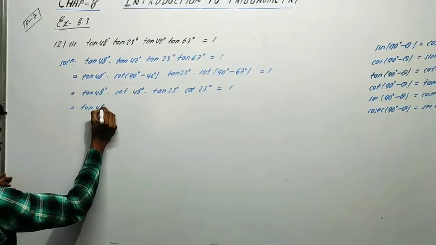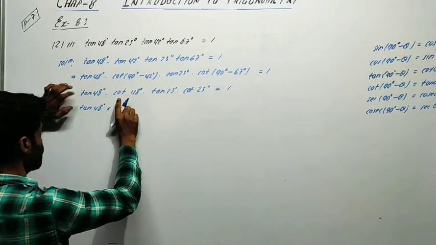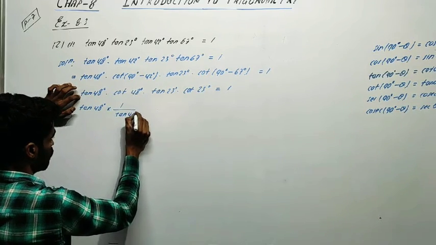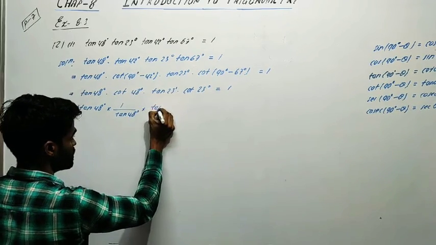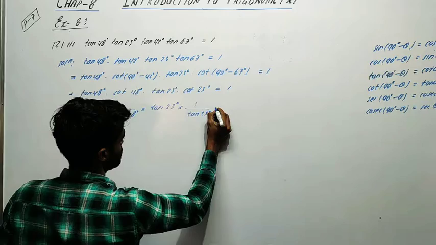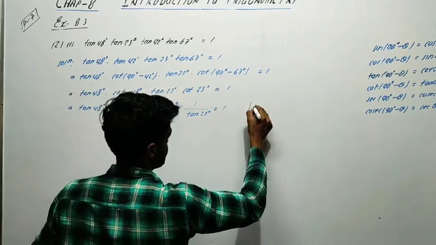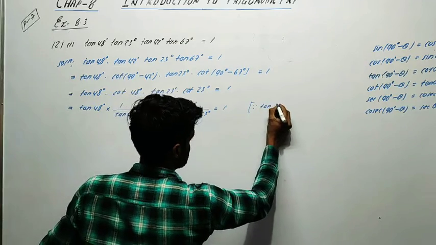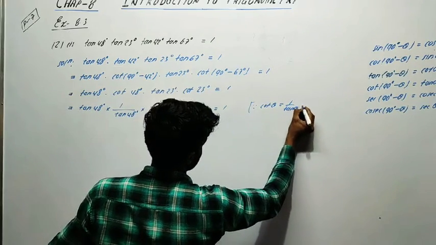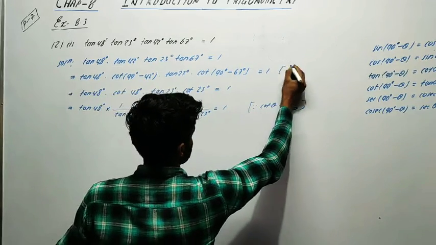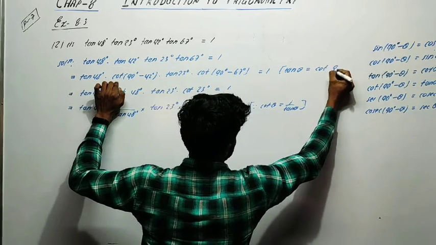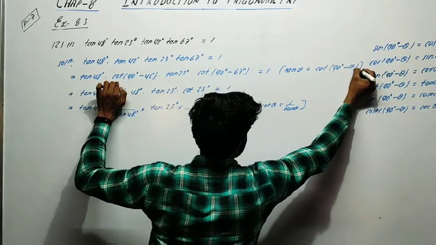Tan 48 degree into, since cot is the reciprocal of tan, we can replace cot in the form of 1 upon tan: 48 degree into tan 23 degree into 1 upon tan 23 degree is equal to 1, as cot theta is equal to 1 upon tan theta, and here the reason was tan theta is equal to cot 90 degree minus theta.